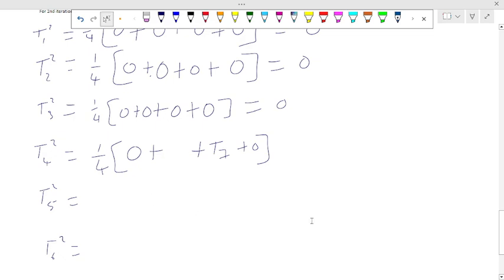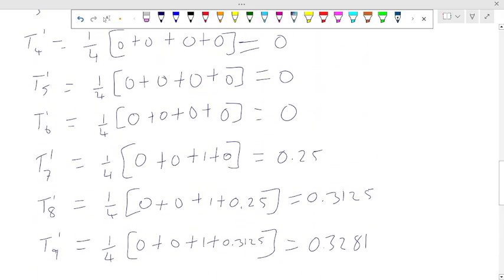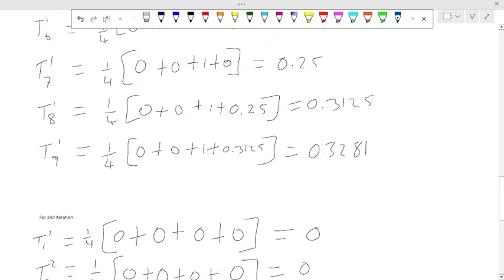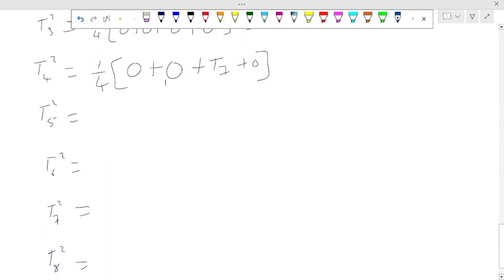Then T5, what is the latest for T5? We do not have it here, so we have to go back. T5 is also 0. T7, we do not have it here, so we have to go back. 0.25. And of course this 0 is 0, so let me just wipe out this part.